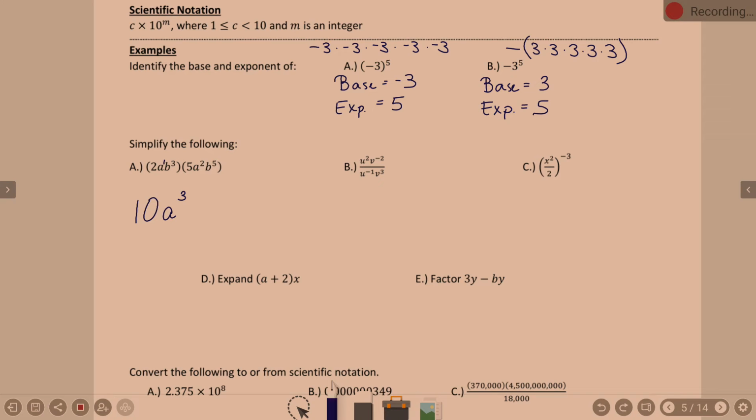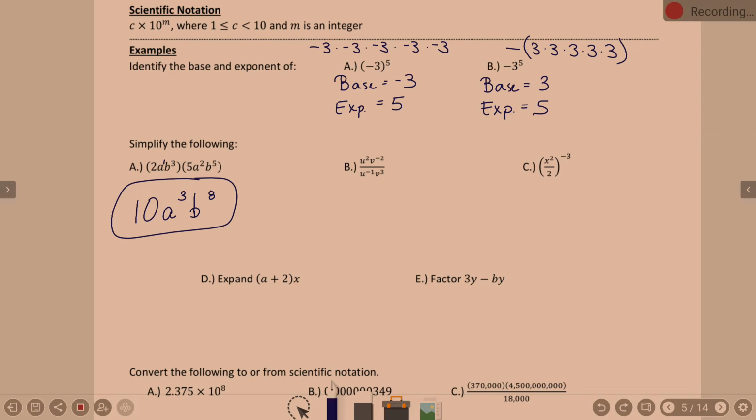The b's, if the bases are the same, we're going to keep the base, add the exponents. So final answer there, I'm looking for 10, a to the 3rd, b to the 8th. Are we okay with that? Maybe we goofed it up along the way, but it seems familiar, I hope.